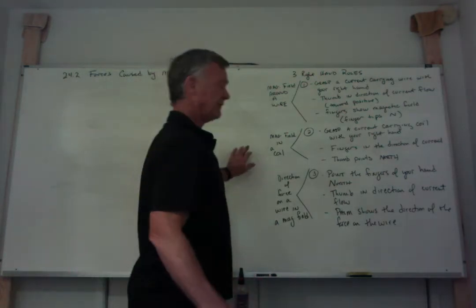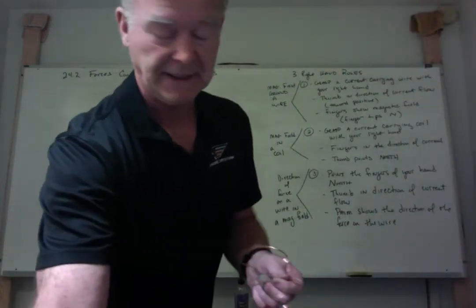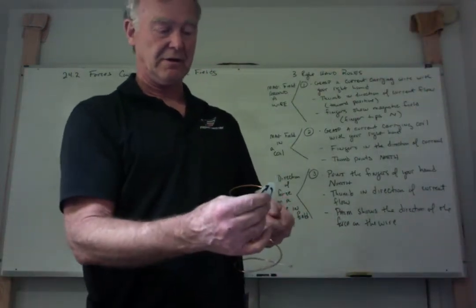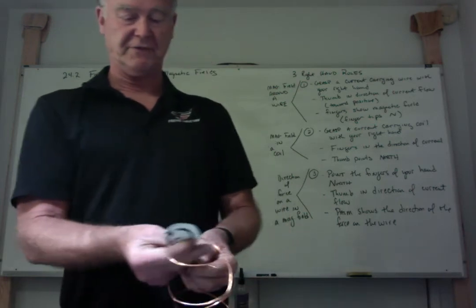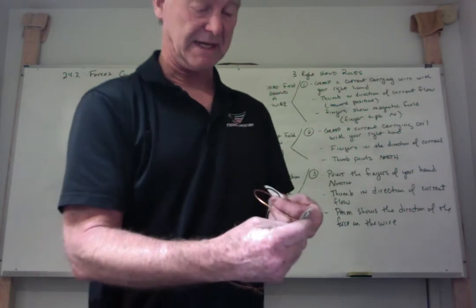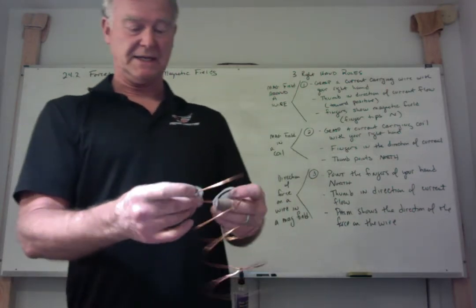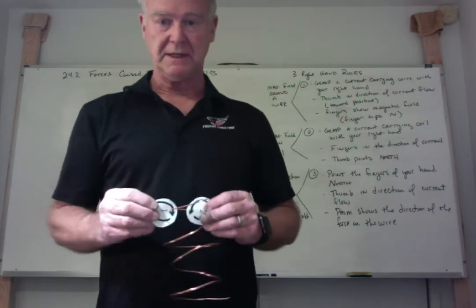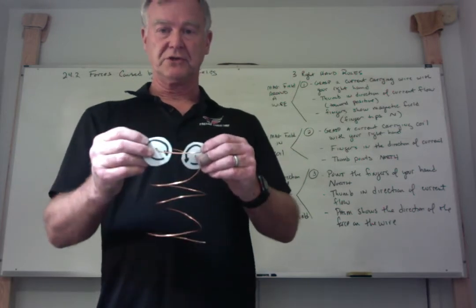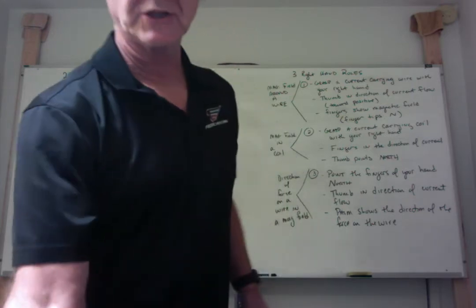If we have a coil of wires, what we find is that inside of here, if I put these in exactly the same direction, all of the magnetic fields through the center of this coil will line up in the same direction.